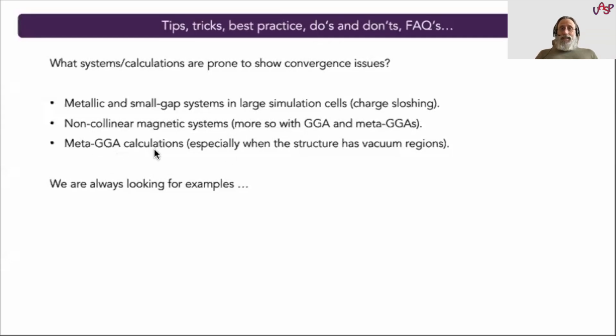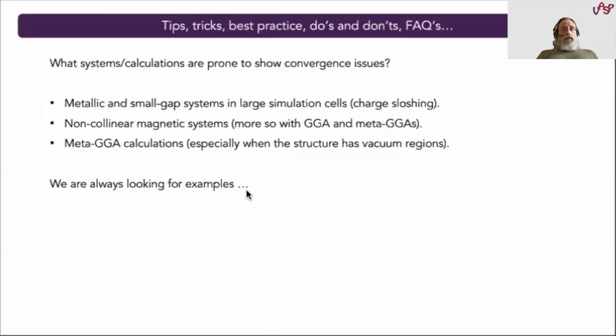So meta-GGA calculations in general tend to be somewhat more difficult to converge than calculations with other functionals. Especially this is the case when the structure has vacuum regions. So if you have a slab with a large vacuum, or a very open structure, or a molecule in a large box, those tend to be difficult to converge with meta-GGAs.